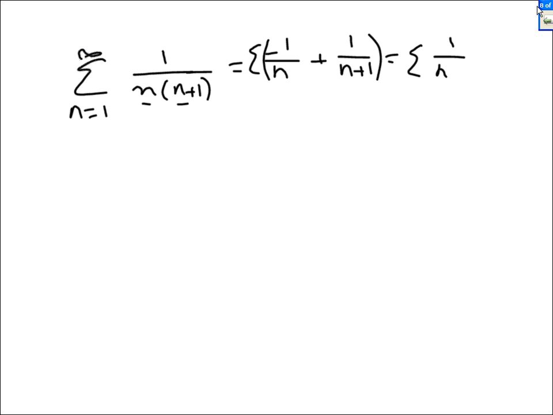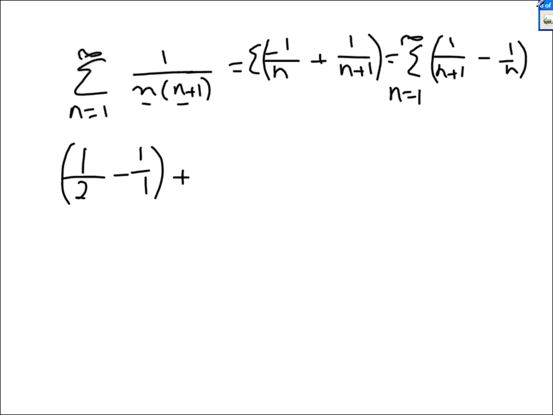You have 1 over n plus 1 minus 1 over n, and you have n going from 1 to infinity. Alright, so let n be 1. So you have 1 over 2 minus 1 over 1 plus, now n is 2. You have 1 over 3 minus 1 over 2 plus 1 over 4 minus 1 over 3.